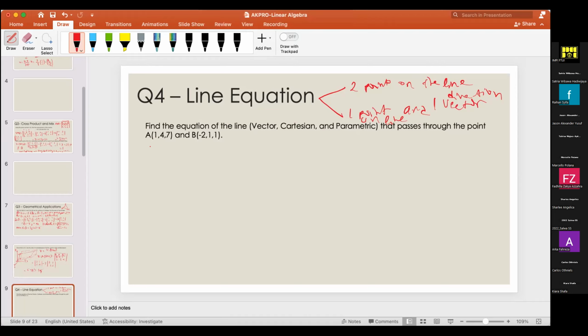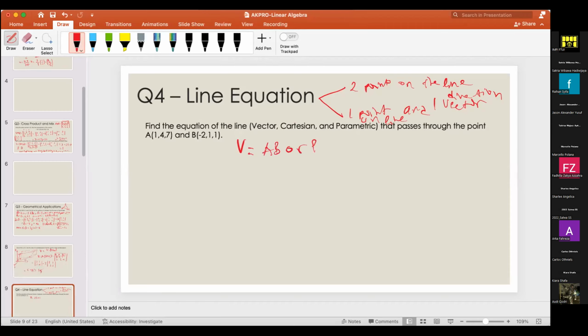So we have to find the direction vector of the line. Let's say that direction vector is v. We can do AB or BA. It's completely up to you. However, we're going to do AB for this case.